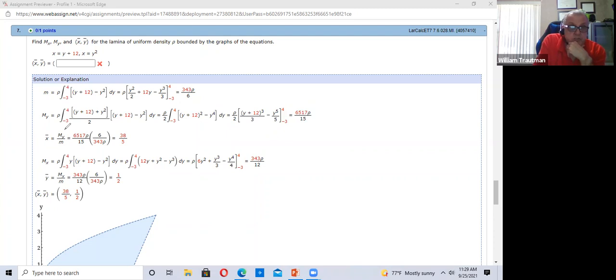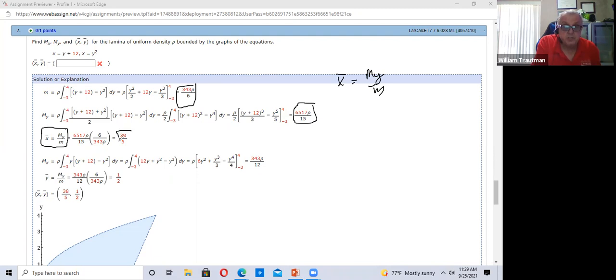And then you can find the equilibrium point for the x-axis, which is my over m. So this divided by this.